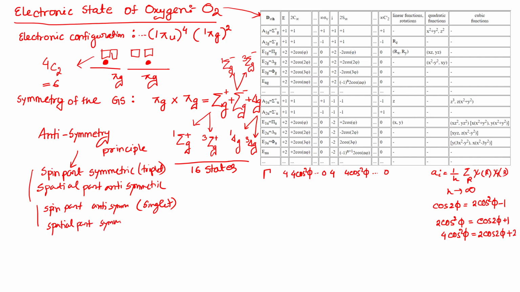Okay. So from here let us see what is the case. For sigma plus g, the spatial state, if you see it here, you are going to see that it is a totally symmetric case. So my spatial part is symmetric. Okay.